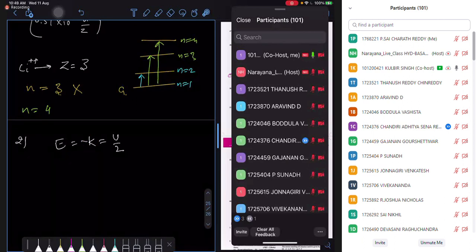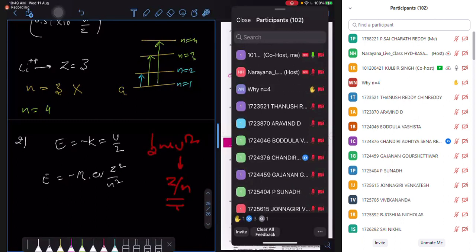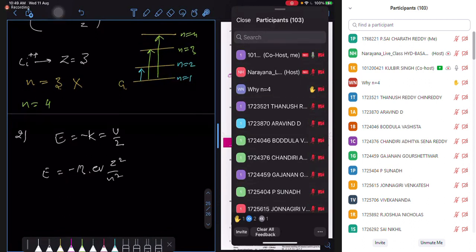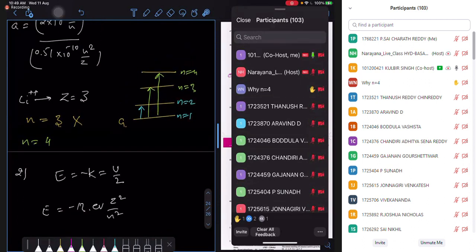Same as total energy magnitude. And total energy is minus 13.6 Z squared by n squared. If you have a confusion, remember it is half mv squared, and v is Z by n, so it is proportional to Z by n. So why n equal to 4?